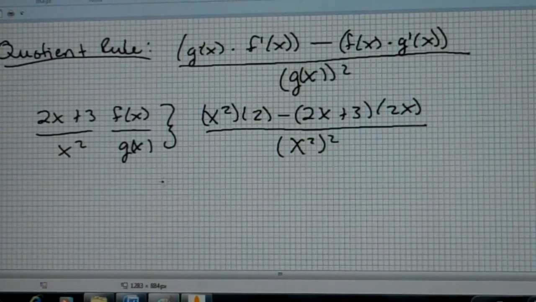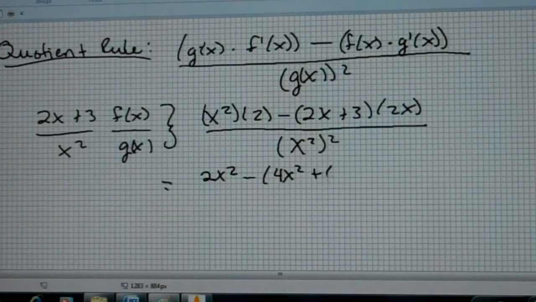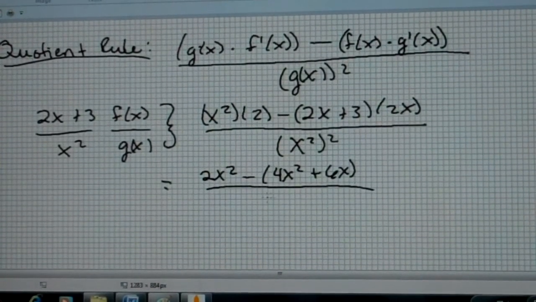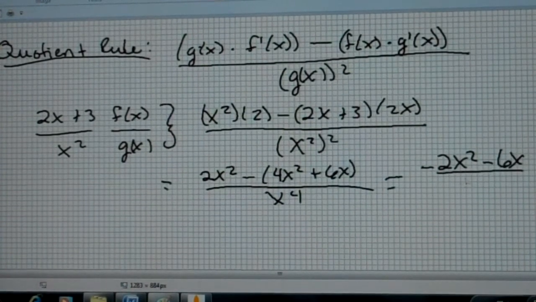So then this is going to equal 2x squared minus 4x squared plus 6x over x to the 4th. Now all we have to really do is simplify it, so then this will go to negative 2x squared minus 6x over x to the 4th.